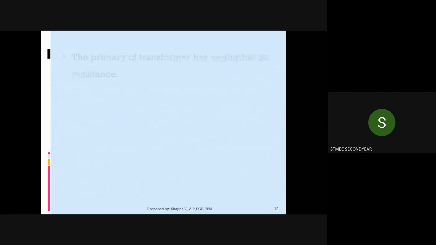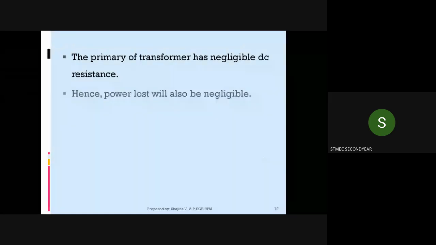Now, first of all, let us see how the efficiency is improved here. The reason is that we are connecting the primary winding of the transformer to the collector terminal. This primary of the transformer has negligible DC resistance, so the effective resistance of that winding will be very small. Instead of the load resistor RL, we connect the primary winding to the collector terminal.